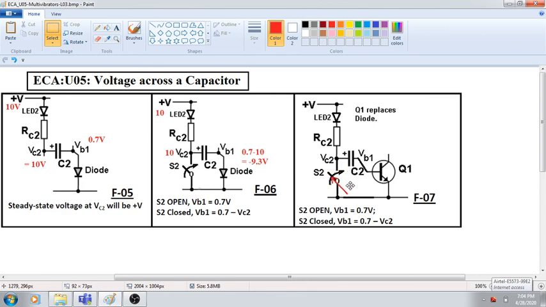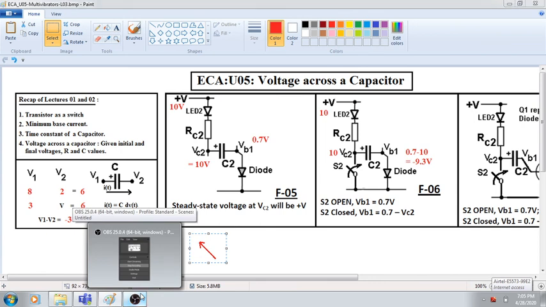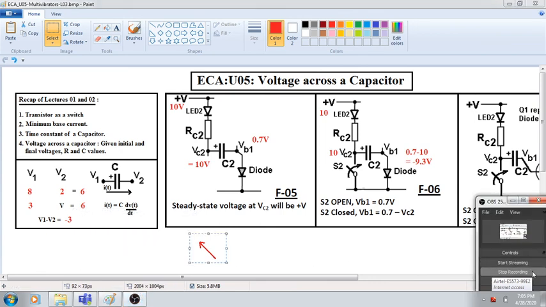Okay, now once you understood up to this point, we will be able to discuss more about what happens in this circuit and move forward to the 8th figure and develop the concept of a multivibrator. In the next lesson, I will show you how the switches are going to control the transistor and how the transistor is going to control the capacitor. All these things we will now slowly move to the multivibrator behavior. Okay, so please answer the quiz and then be ready for the next lesson. Thank you.